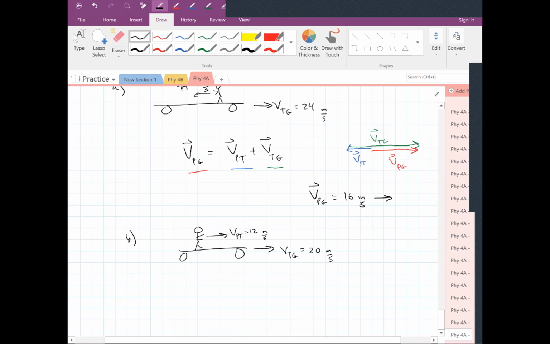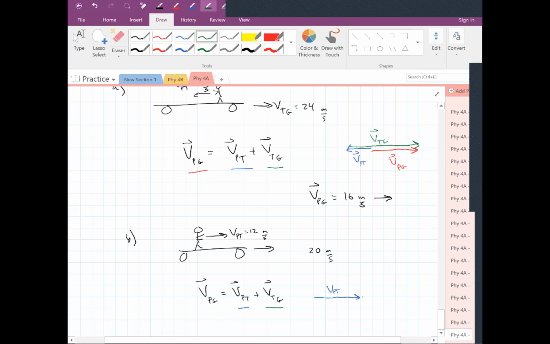So go ahead, do it using vector addition first. So we've got 12. And then we're adding to that this vector.